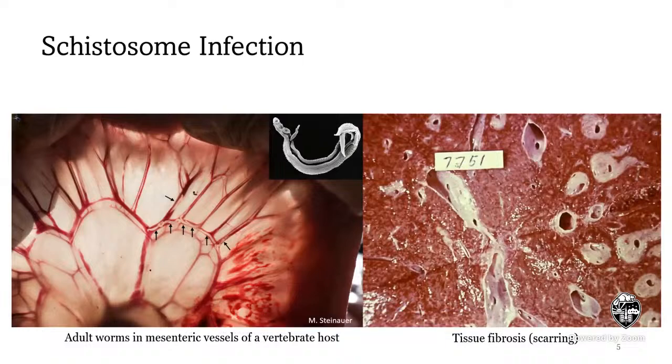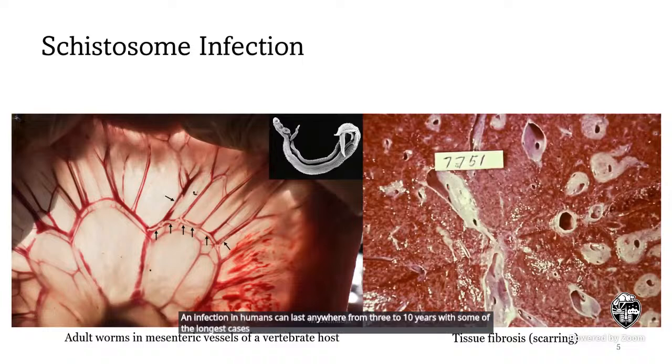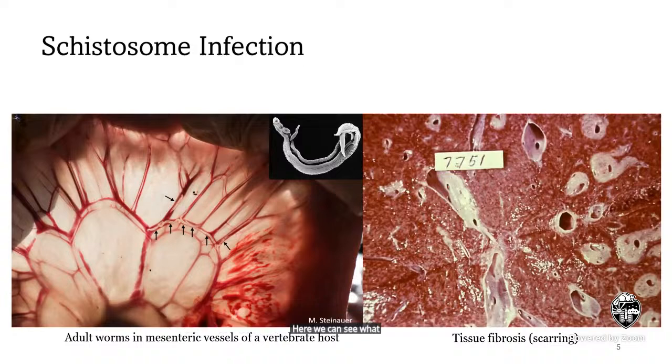Schistosome infection causes a variety of both acute and chronic symptoms. An infection in humans can last anywhere from 3 to 10 years, with some of the longest cases lasting up to 40 years. Here we can see what the adult parasites look like inside of a vertebrate host. These adults will then mate.